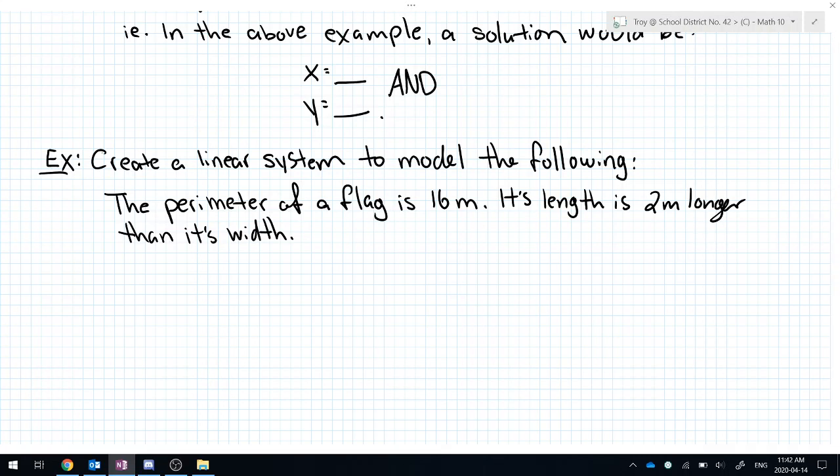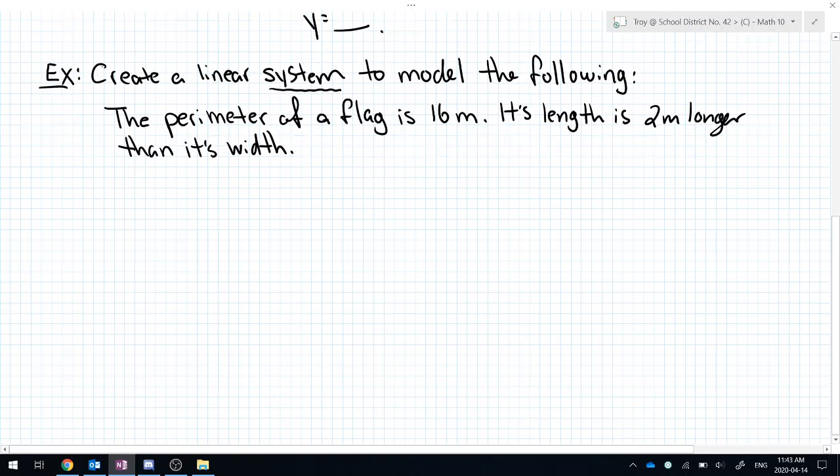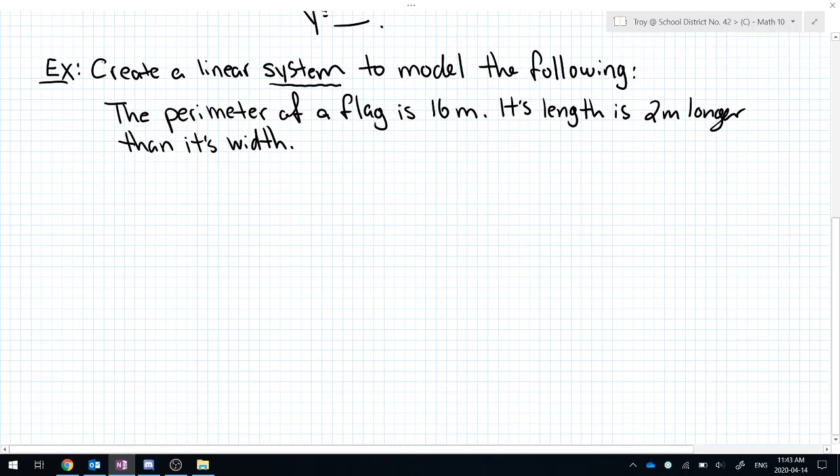So we're being asked to create a linear system. What that means is we're going to be coming up with at least two individual equations. For the most part, you're only going to have to do two. We're not going to see too many situations in this course where we have to do more than two.